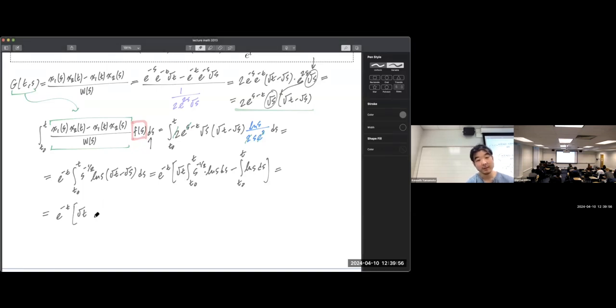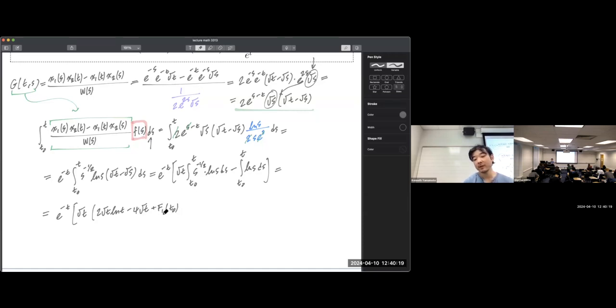If you do that, it's going to become 2 square root of t ln of t minus 4 square root of t plus f1 of t naught. f1 of t naught is just some function.